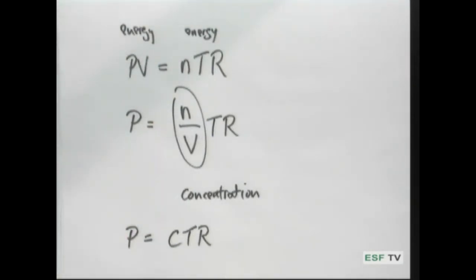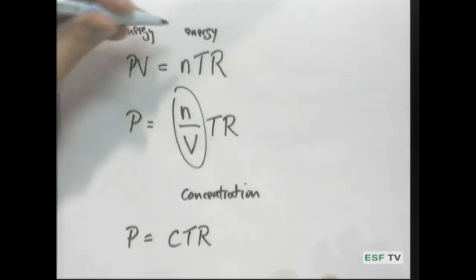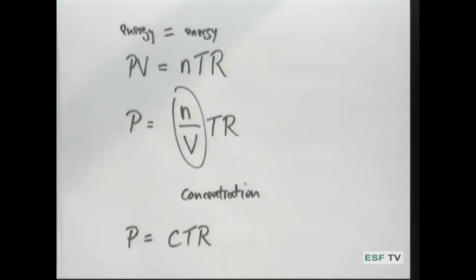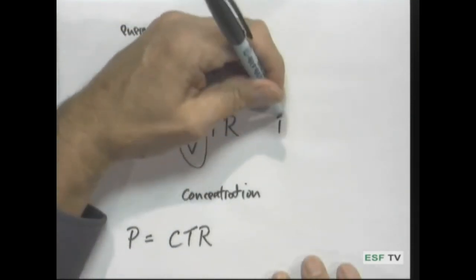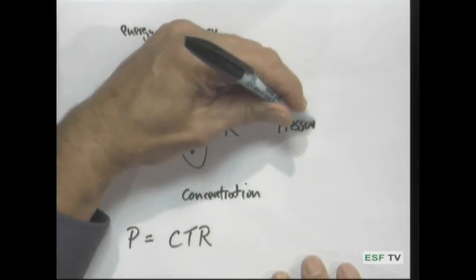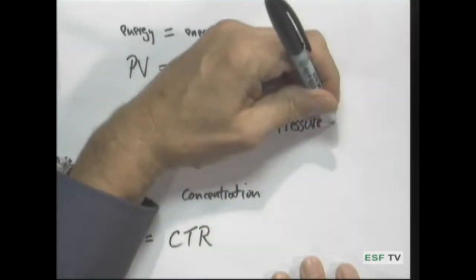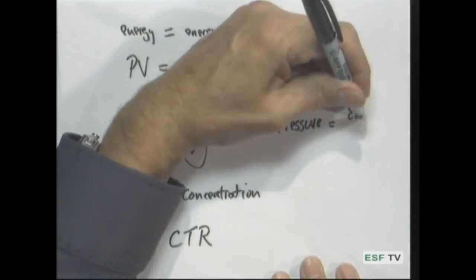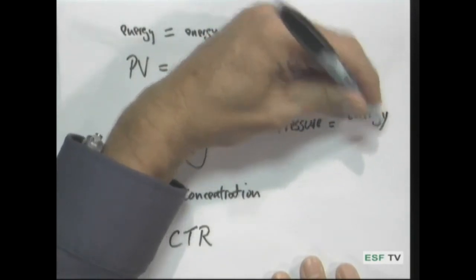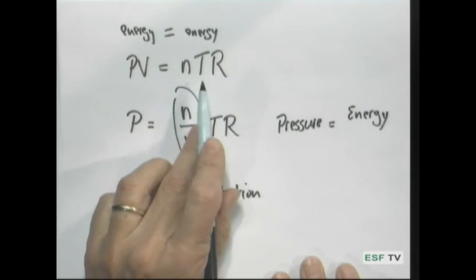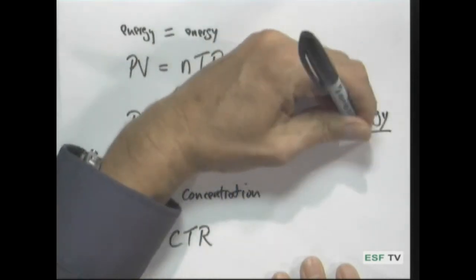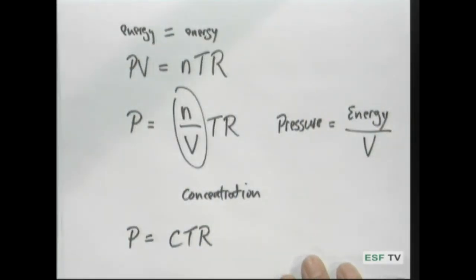That means that the product of molar quantity times temperature times the gas constant also is energy. The units must agree. Now, what we are saying is that pressure on the left side of the equation is equal to energy, that's nRT, divided by volume.